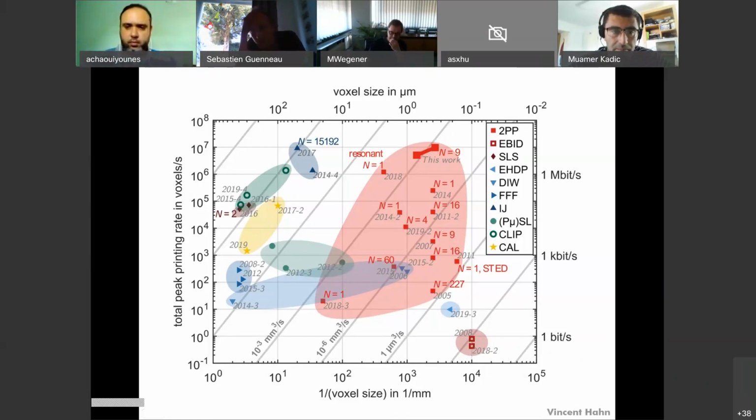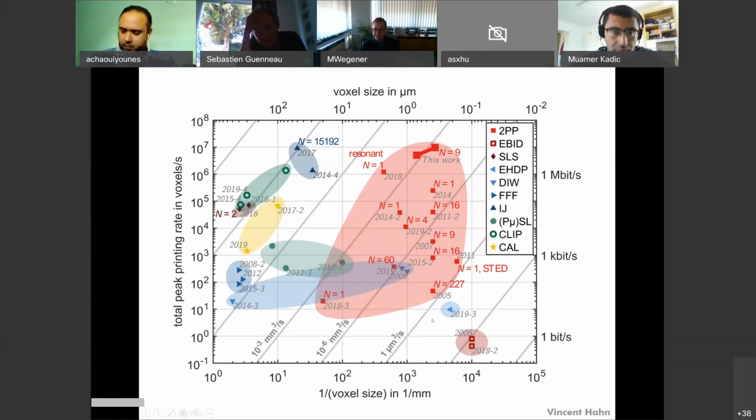And with your kind of techniques, do you just want to speed up the printing process, or do you want also to reach finer resolution with the same kind of apparatus? Actually, we want both. As you may know, we have worked our asses off for many years to go to the right here in this diagram to get finer features.